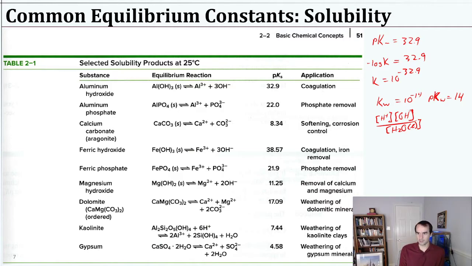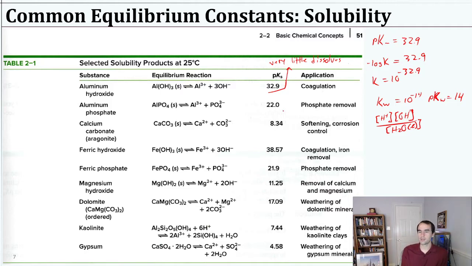But my point here is that when this is a large number on the pK or a very small number with the 10 to the minus whatever, that's telling us some ratio. The smaller the number, the smaller the amount that dissolved. So very little dissolves for having a high number there.